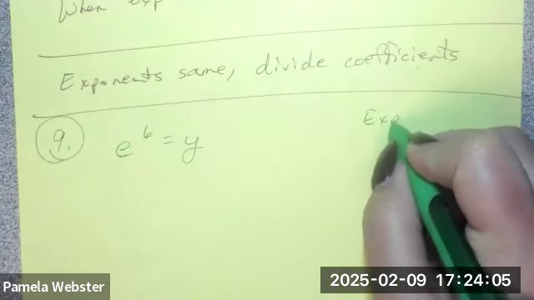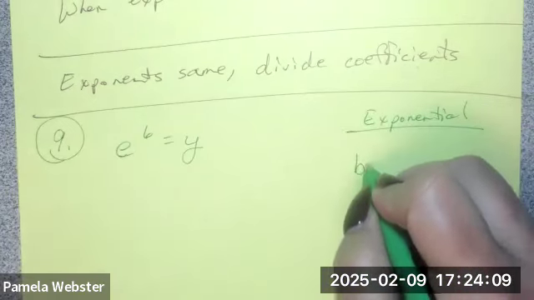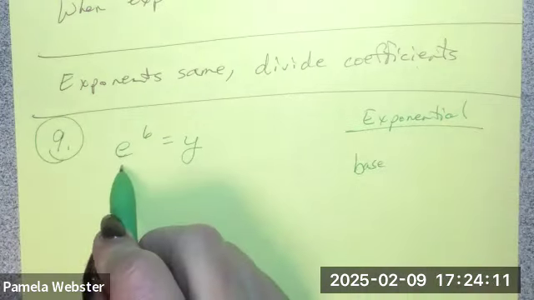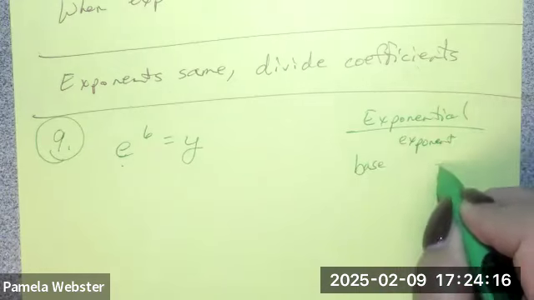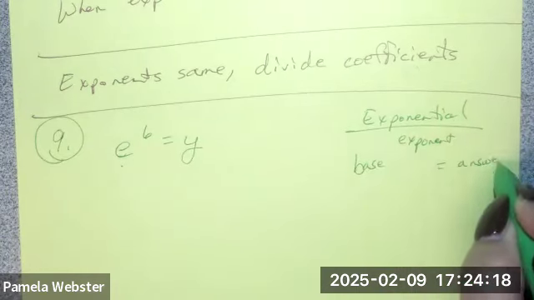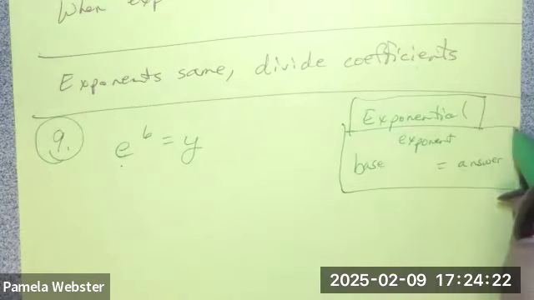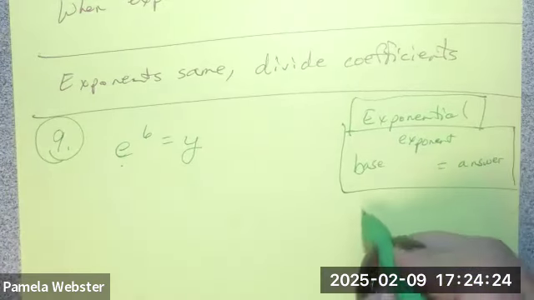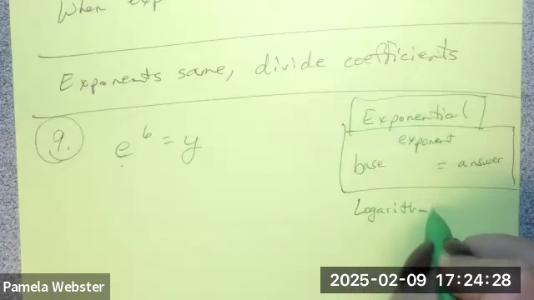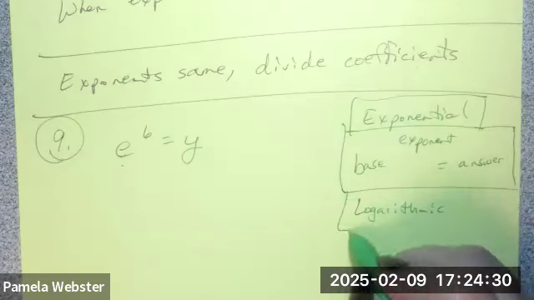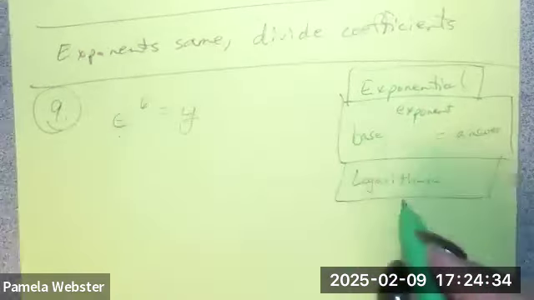So exponential looks like you've got a base, here the base is e, raised to an exponent. And we say that equals your answer, right? So that's what's happening when you're looking at something in exponential form. But whenever we put it into logarithmic form, we rearrange this and we add in the word log, right?